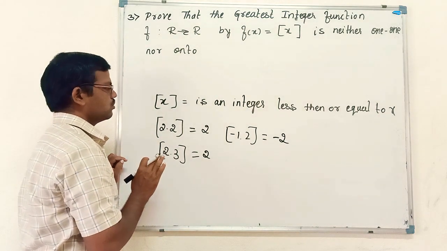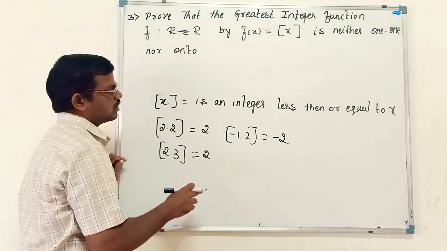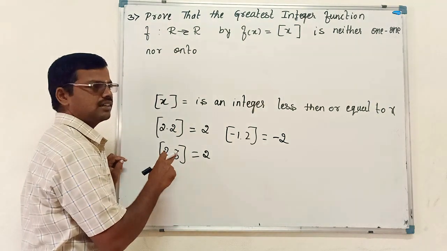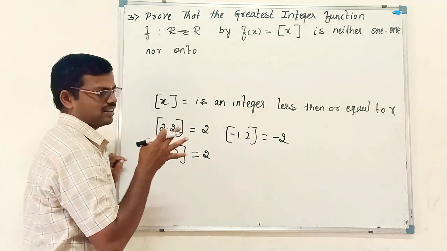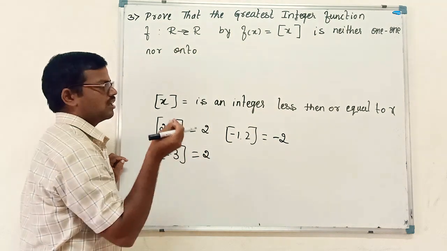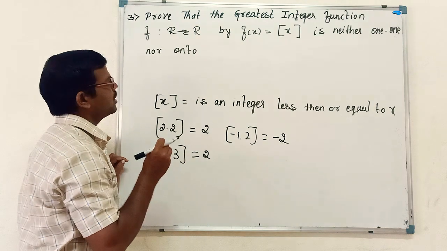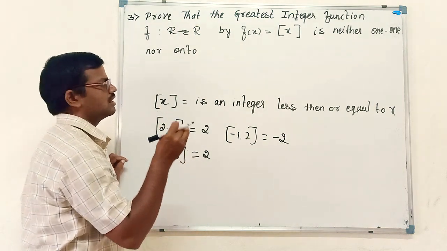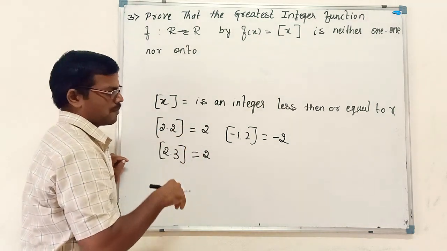For an onto function we know its range, and for a one-one function we have to identify that distinct elements have distinct images. If we get distinct elements with distinct images, then we can say the function is one-one. If the range equals the codomain, then it is onto. So in this method we are going.